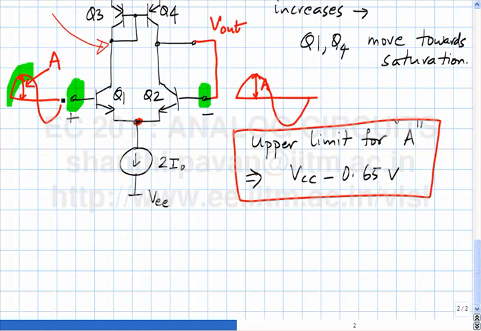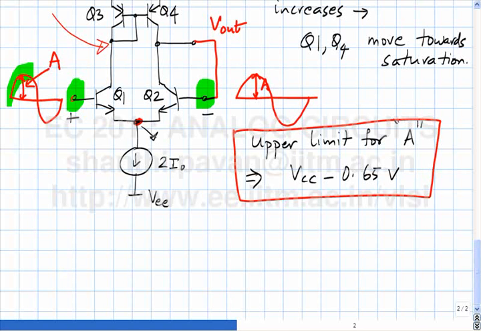Okay. What is the negative limit on A? In the negative half of the sine wave cycle, the input goes 0.65 volts below this potential. Right? Both these guys are the same. Okay, this potential is the same as this potential, and this potential must be 0.65 volts below these two. So, and that must be at least 0.65 volts above VEE.